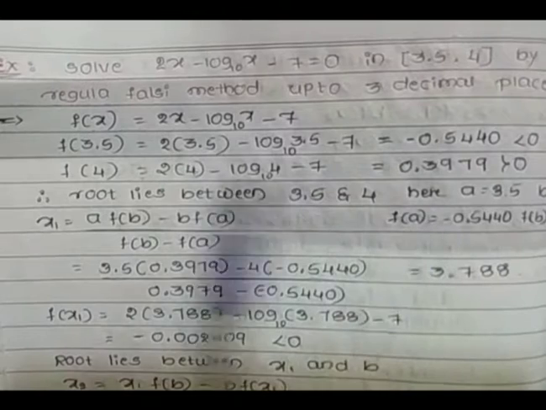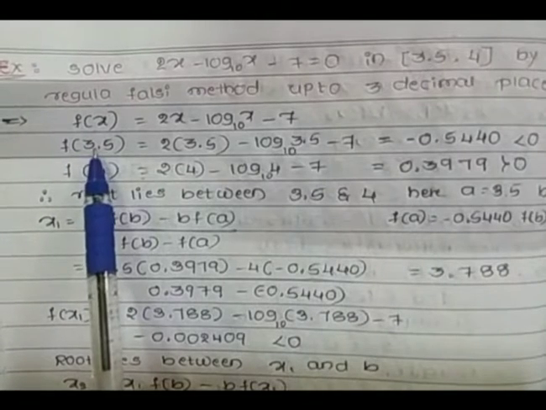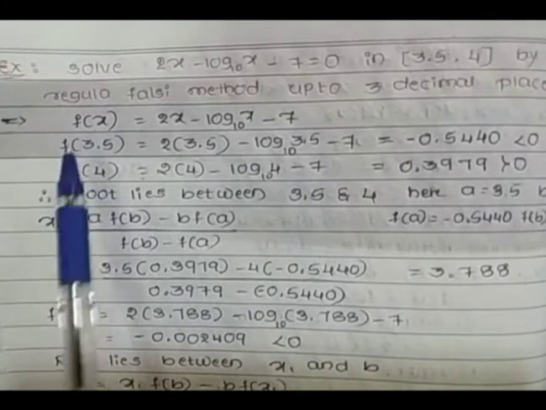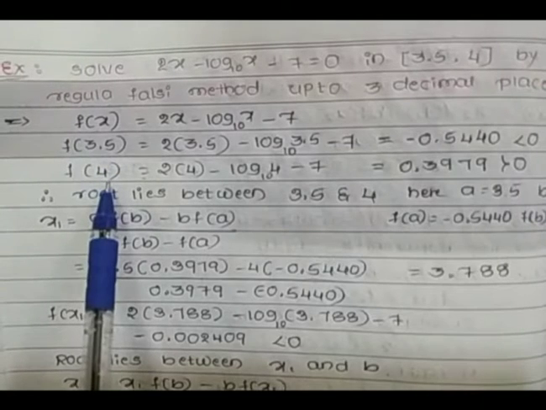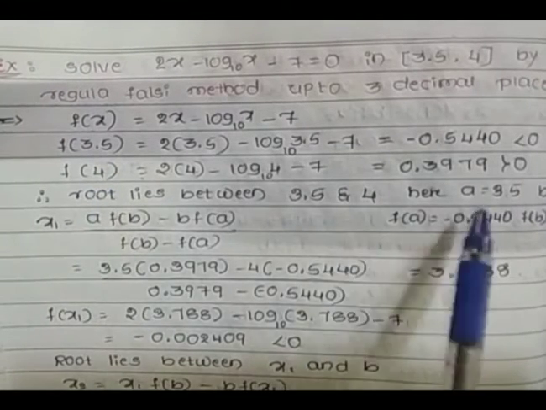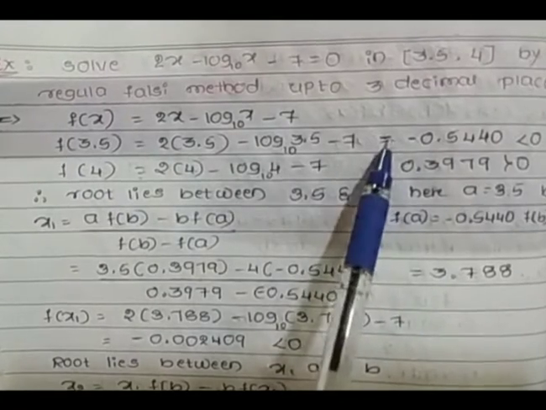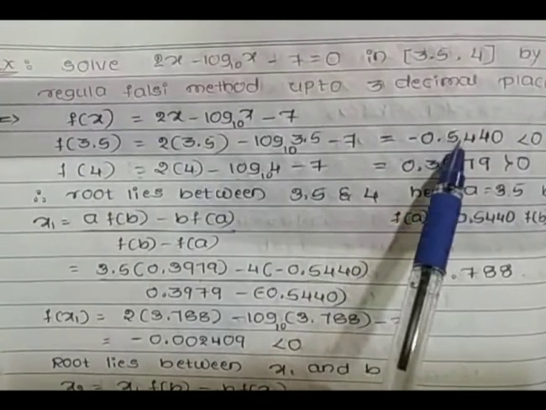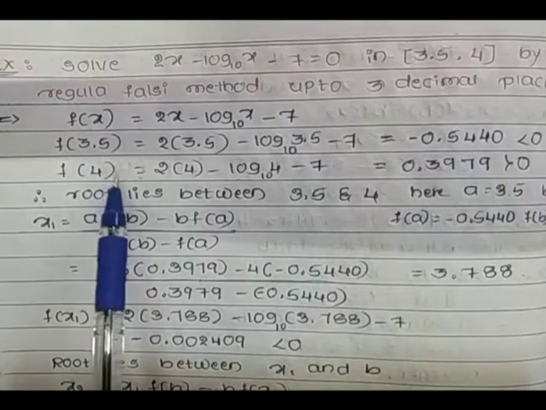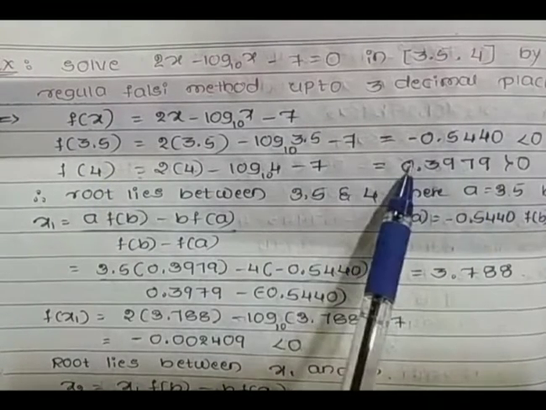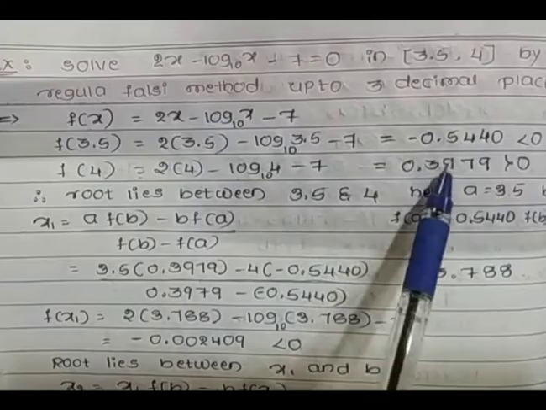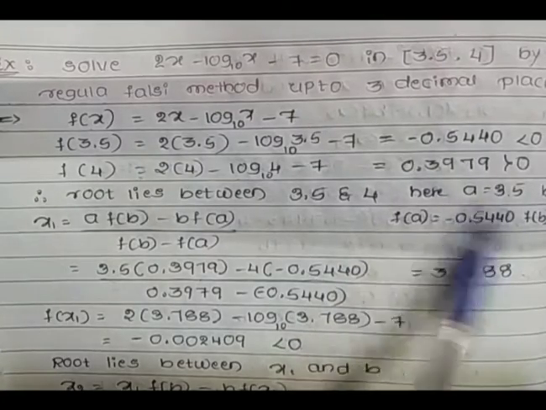So you can consider here a value as 3.5 and b value as 4 because 3.5 is less than 4. Next, if your a value is 3.5, then f of a will be minus 0.5440. And if your b value is 4, then f of b is 0.3979. So just mention that here.